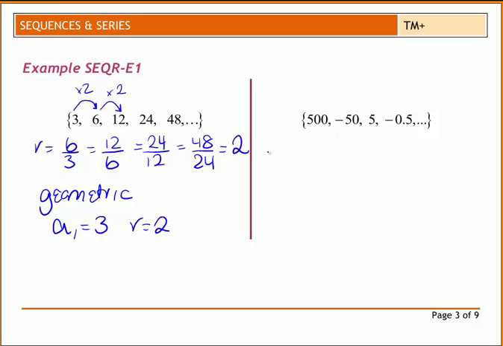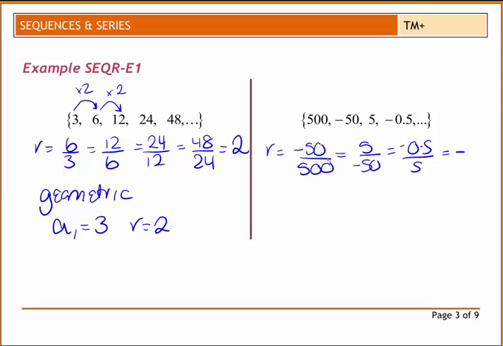In this case here, r is going to be negative 50 divided by 500. That's going to be the same as 5 divided by negative 50. It's also going to be the same as negative 0.5 divided by 5. So you're dividing by that same thing each time. Probably easier to keep it as a fraction. In this case it's going to be a negative.